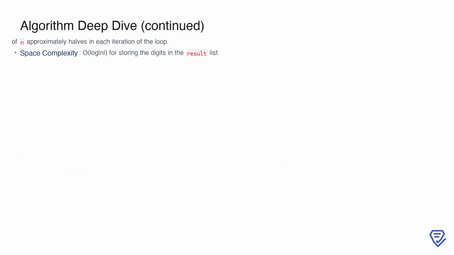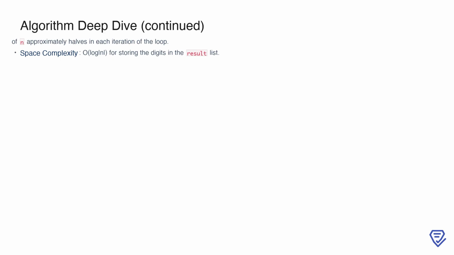To analyze the complexity of this algorithm, we consider both time and space. The time complexity is O(log n), where n is the absolute value of the input number. This is because, in each iteration of the loop, the magnitude of n approximately halves due to the division by -2. As a result, the number of iterations is proportional to the logarithm of the absolute value of n.